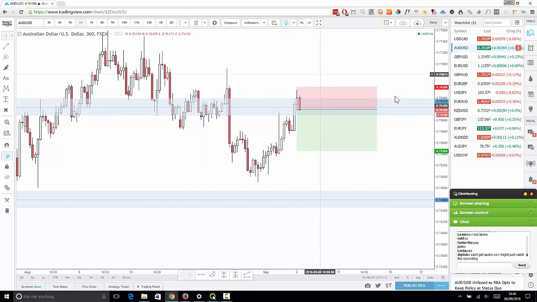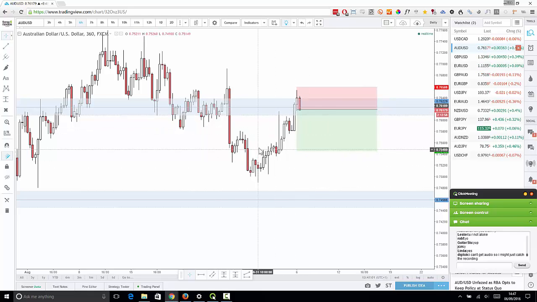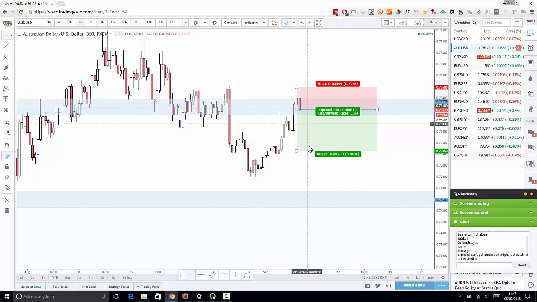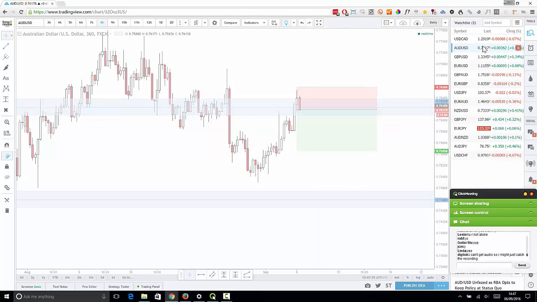As soon as I end this analysis, I'm going to run my numbers on this one and do my risk analysis and decide if I want to enter, because it looks like it's about to trigger right now. So I'm going to wrap up this analysis quite quick and have a look at that. And if so, I will post it to the forum. But yeah, AUD USD on either the 6 hour or the 8 hour.